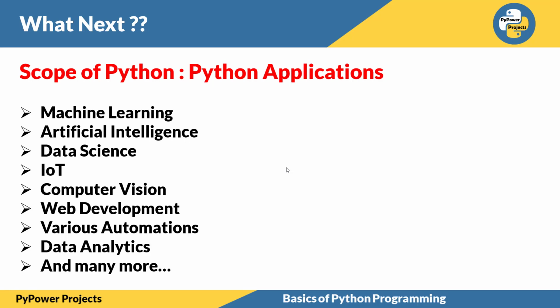Python has many applications: machine learning, artificial intelligence, IoT, data science, computer vision, web development, various automation, analytics, scientific programming and many more. You have to decide yourself where you want to see yourself in the future.